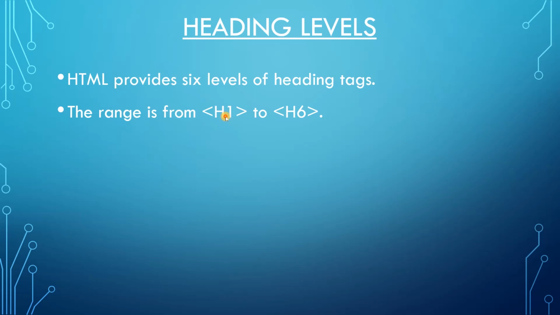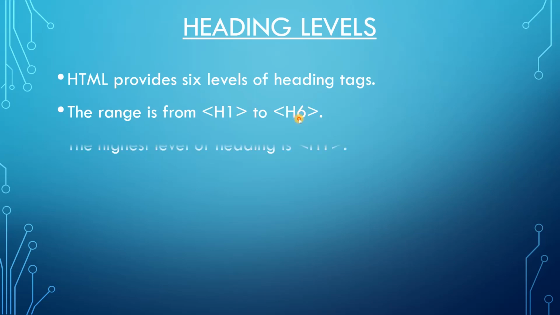Whether you write in uppercase or lowercase, the output will be the same. But this is not HI, it is H1. I have written H1, and H6 means H1, H2, H3, H4, H5, and the last one is H6. So how many levels of headings are there? 6 levels: H1, H2, H3, H4, H5, and the last one is H6.